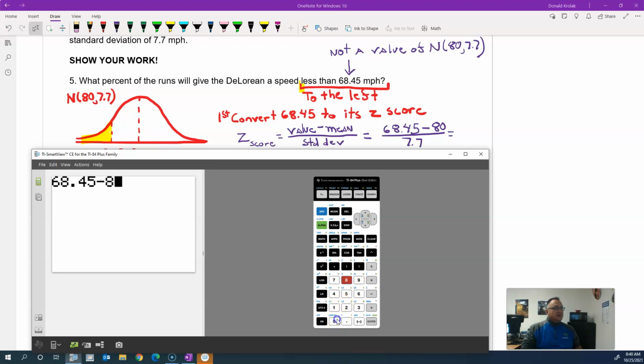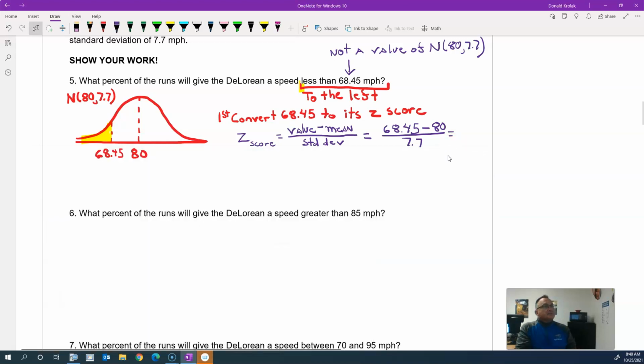Minus 80 equals, and divide by 7.7. Negative 1.5. Okay.